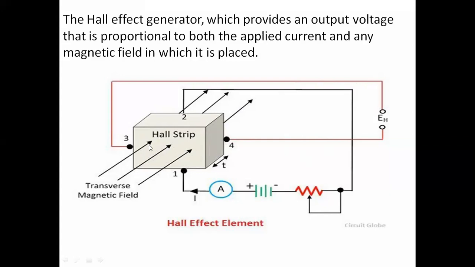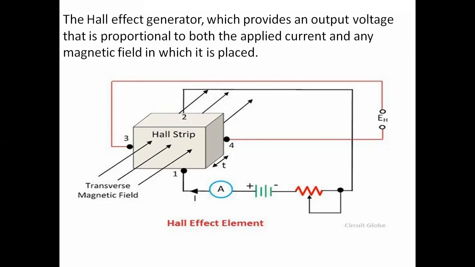Suppose the flux is changed by varying the core position. Suppose we have a ferromagnet, and we vary the position of the ferromagnetic circuit. From that, the flux generated will change, and that change in flux will be cut by this semiconductor material, and due to that the EMF varies.